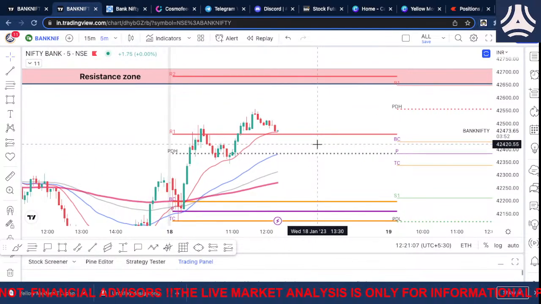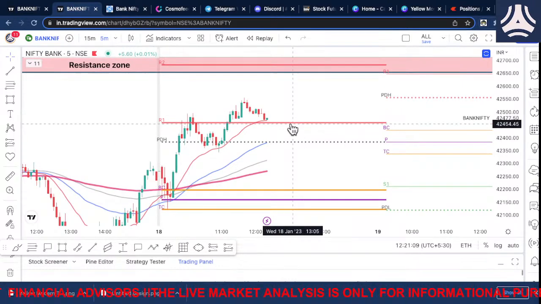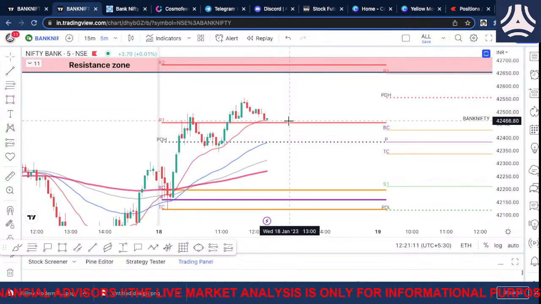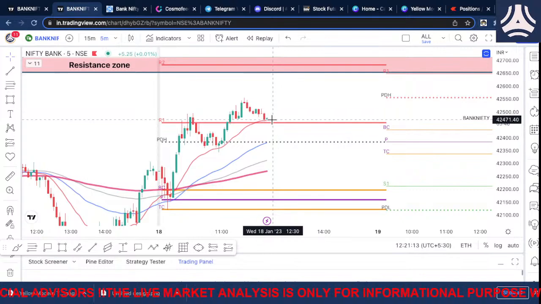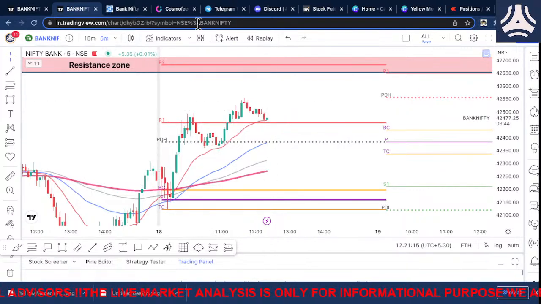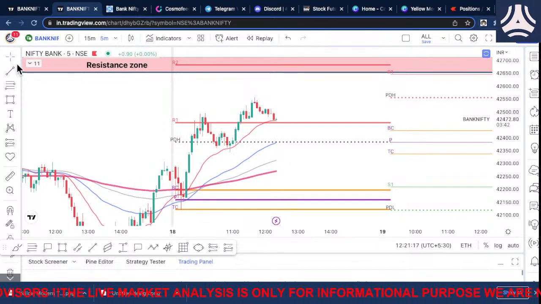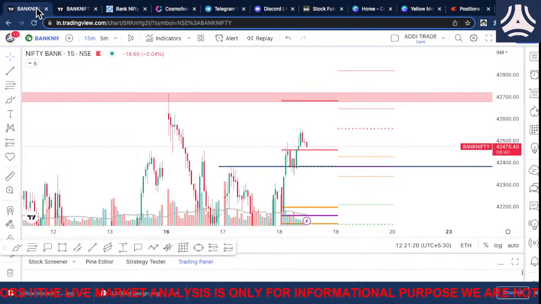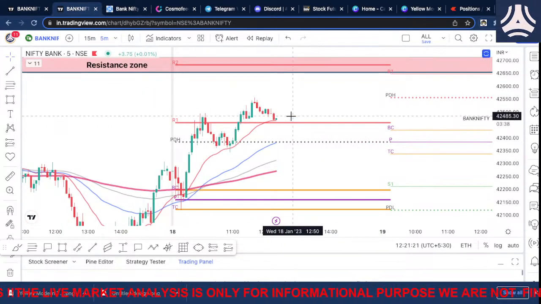Right now, what is the position of the market? We have come to retest this 20 MA, and this can be a possible retest to the R1. This is a 5-minute chart.